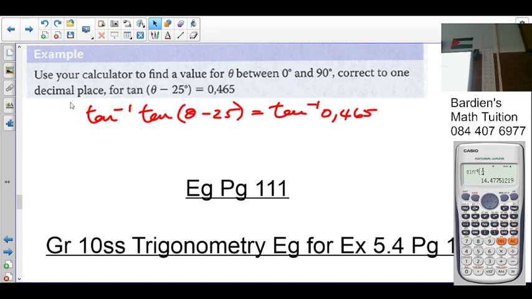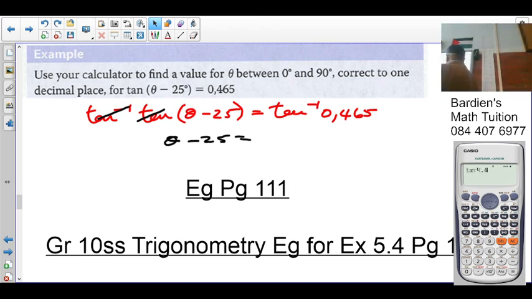Since I added arc tan on the left hand side, I must add arc tan on the right hand side, the reverse of tan. So of course this cancels, leaves you with theta minus 25 equals, put on the calculator arc tan of 0,465. What do you guys get? 24,94.